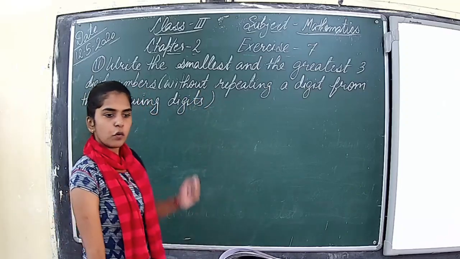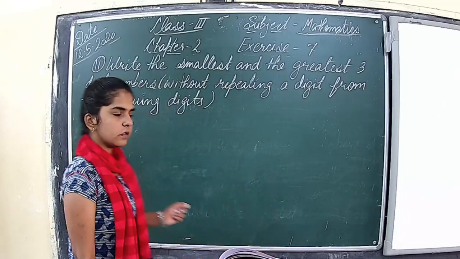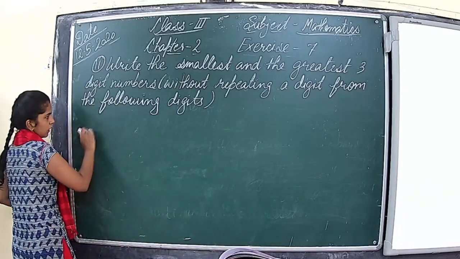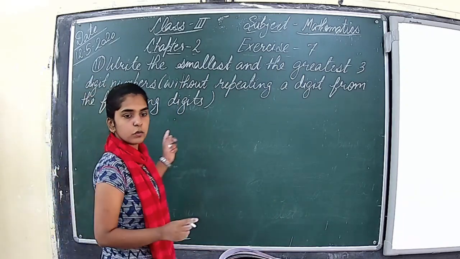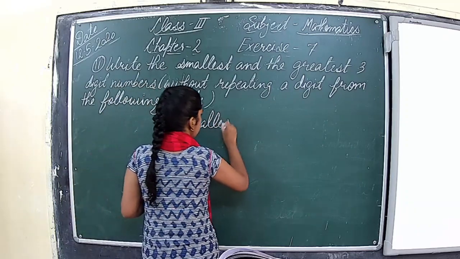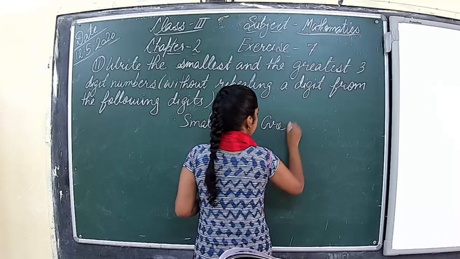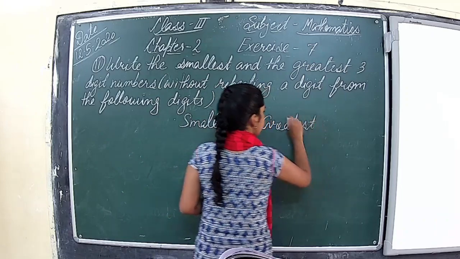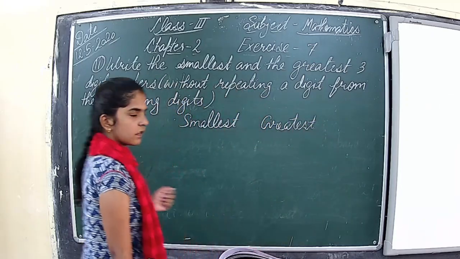Okay, so first one, digits are, see here will be two columns, smallest and then greatest. First one, digits are 3, 6 and 5.